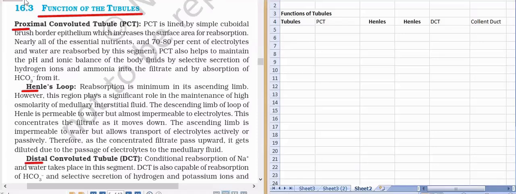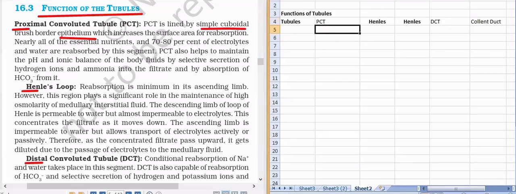First of all, the PCT is lined by simple cuboidal epithelium. It means the Bowman capsule and renal tubule, PCT, everything is special.